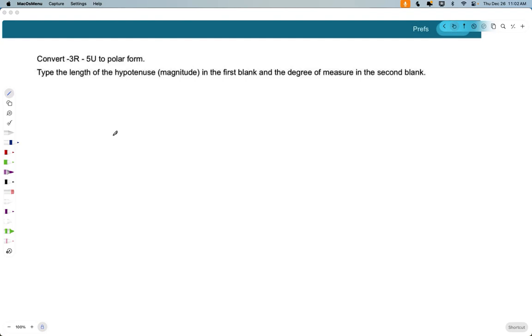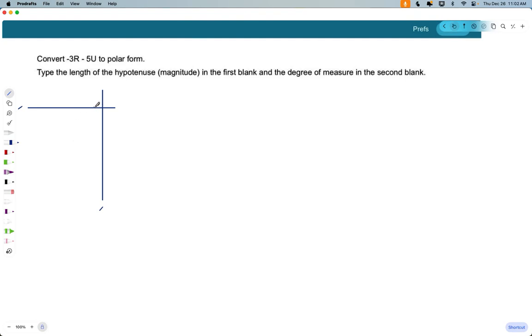Okay, so here we want to convert negative 3r, negative 5u to polar form. So both of these are negative, so they're going to live in the third quadrant. So we have, here's the x-axis and the y-axis. That's going to be the negative side of the x-axis and the negative side of the y-axis.